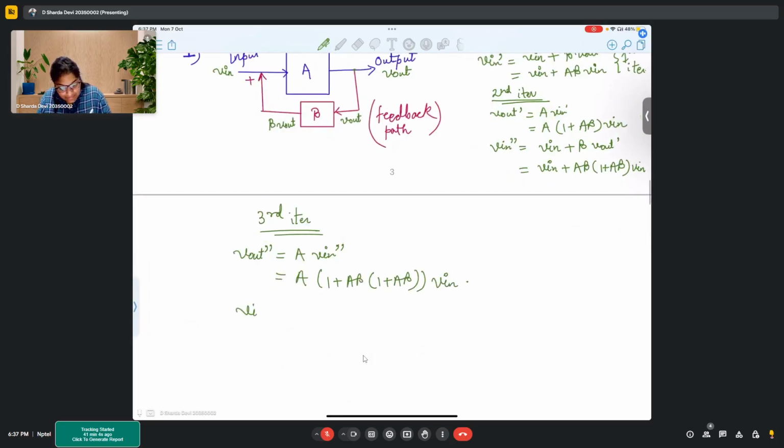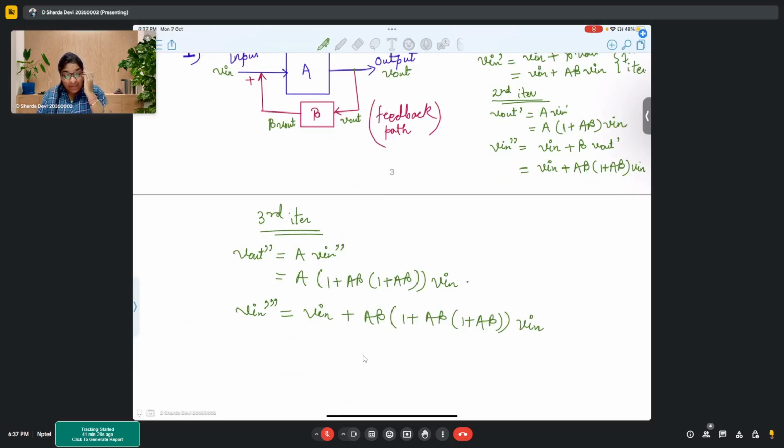And again, when this passes through the feedback path, you will get the new input as V in into 1 plus A beta into 1 plus A beta into 1 plus A beta.